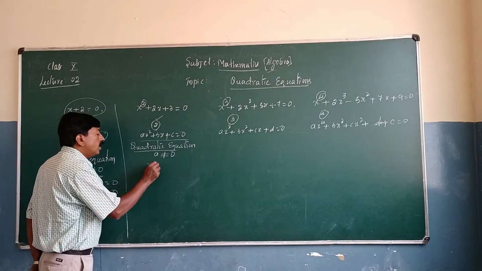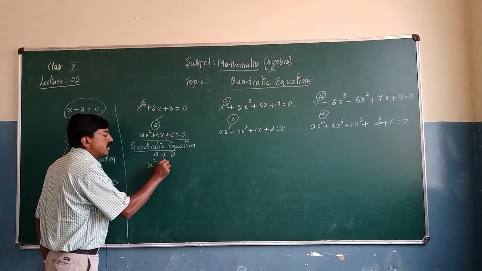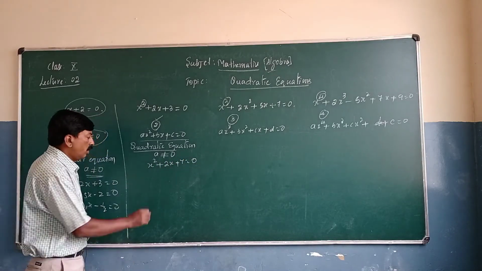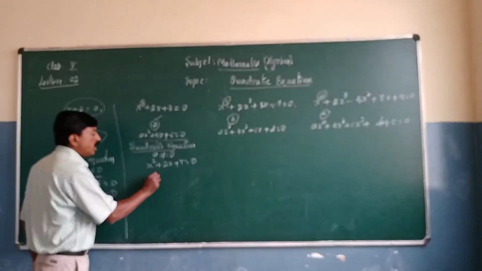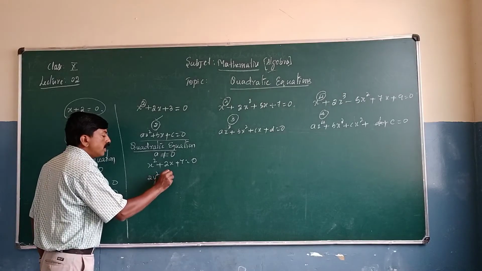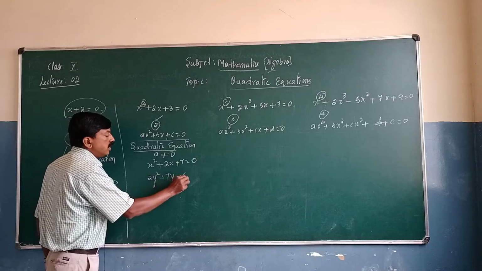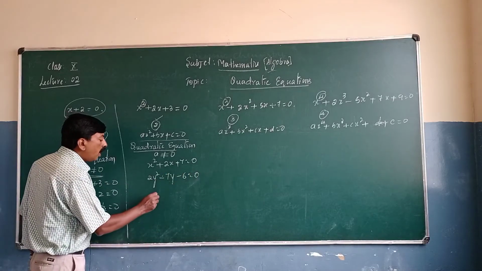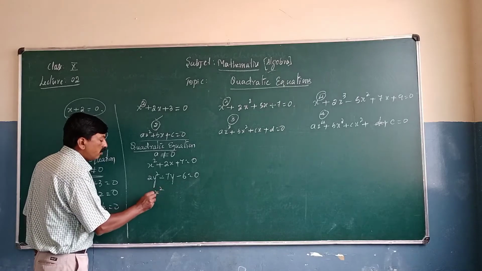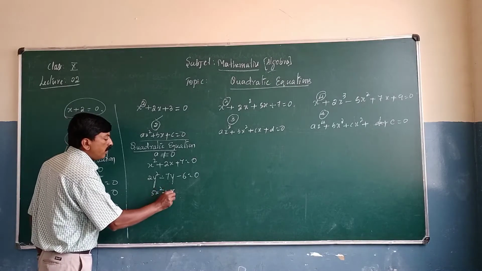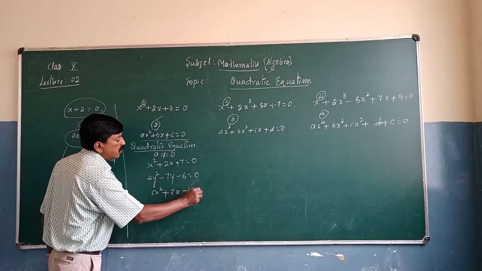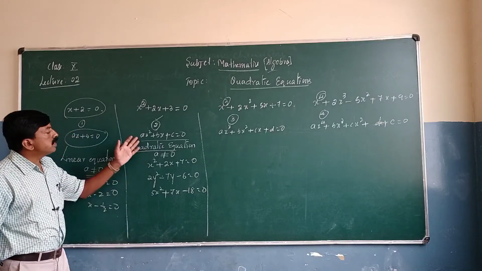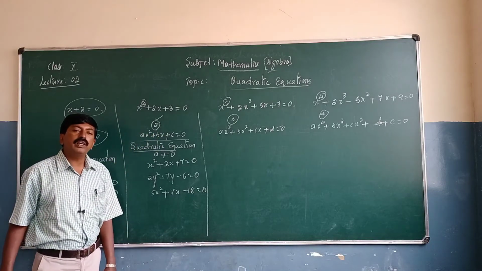For example, x square plus 2x plus 7 is equal to 0; 2y square minus 7y minus 6 is equal to 0, same variable; or 5x square plus 7x minus 18 is equal to 0. All these are examples of quadratic equations.